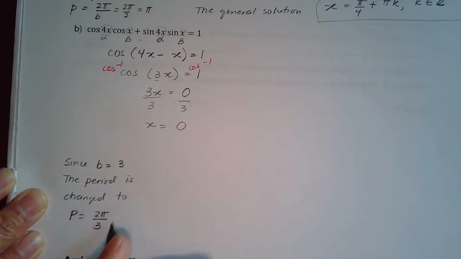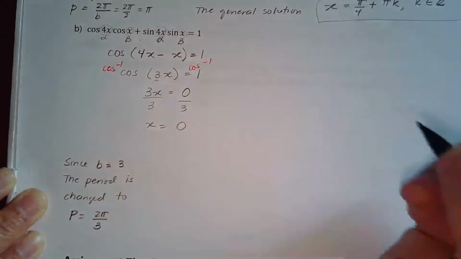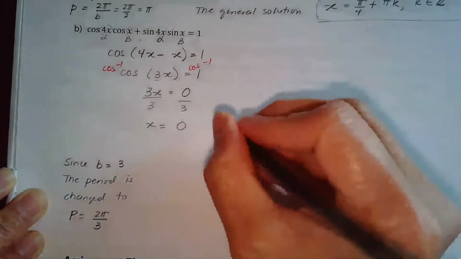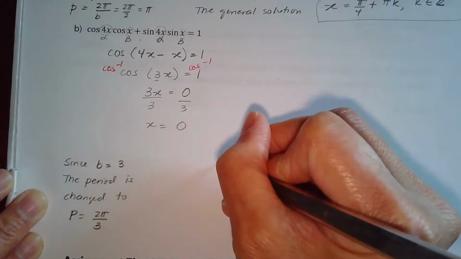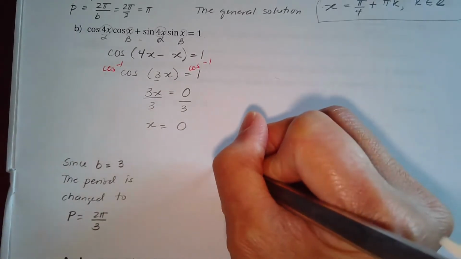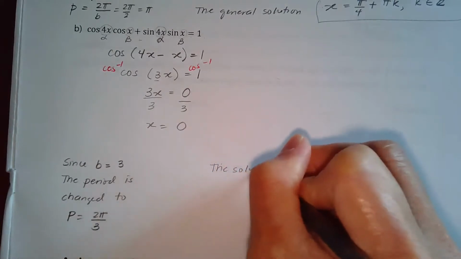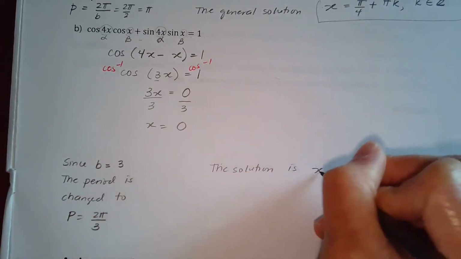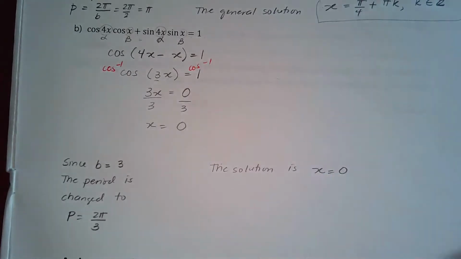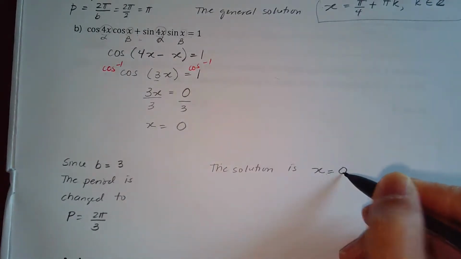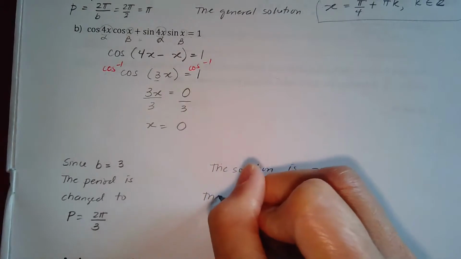So that's the new period, 2 pi over 3. Therefore, the solution is x equals 0.